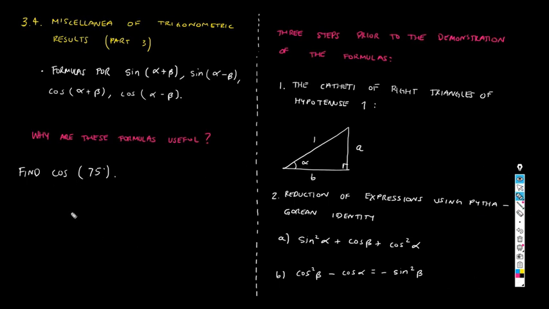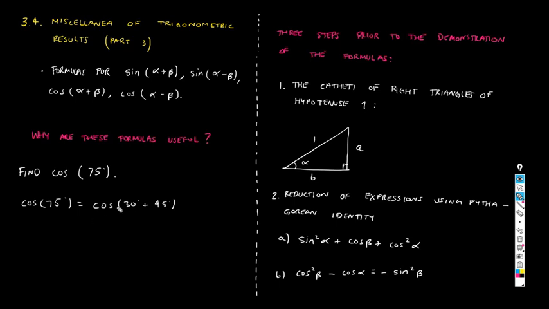They realize that 75 degrees is actually the addition of two smaller angles, 30 degrees plus 45 degrees, right? And as we have already discovered, we can calculate the cosine of 30 degrees and the cosine of 45 degrees independently, by the usage of those special triangles.